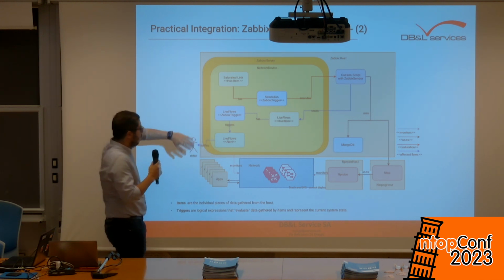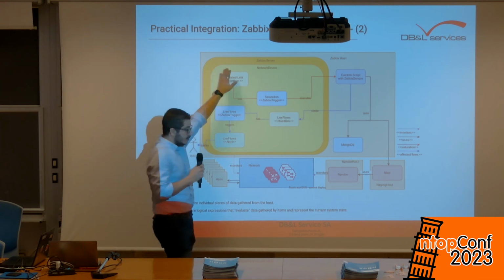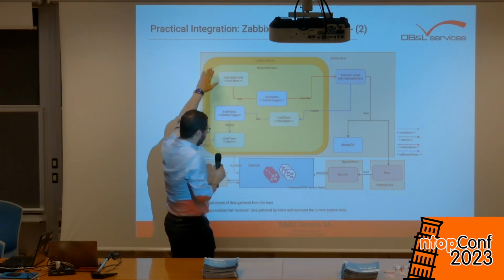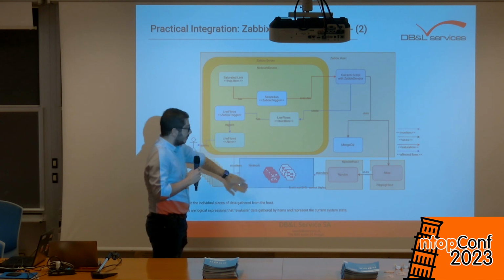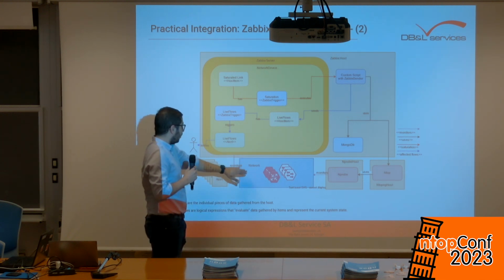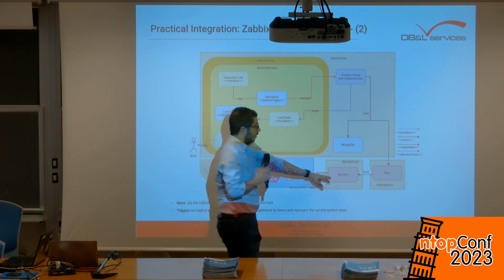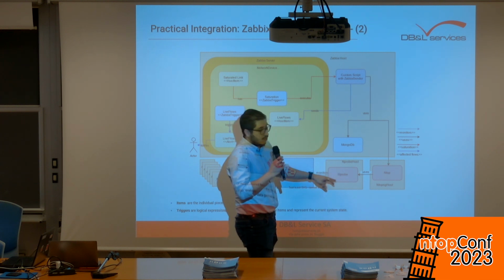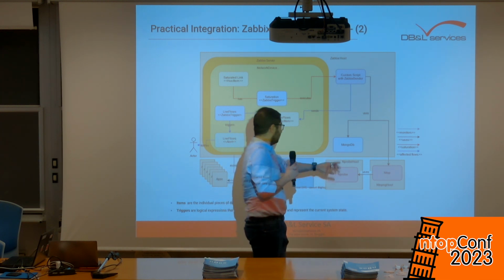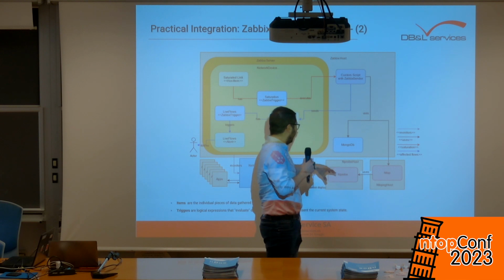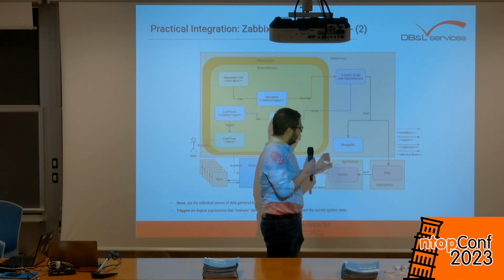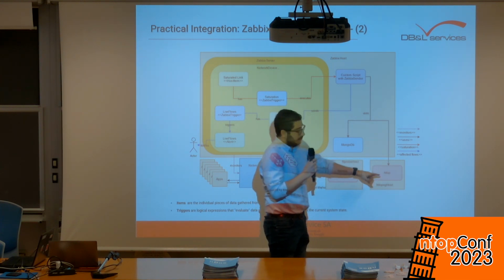So, how does it work? We have the Zabbix server, which is a monitoring tool that monitors the network. The network as well is sending information to ntop via NetFlow. NetFlow then processes the data and it's sent to ntopNG.